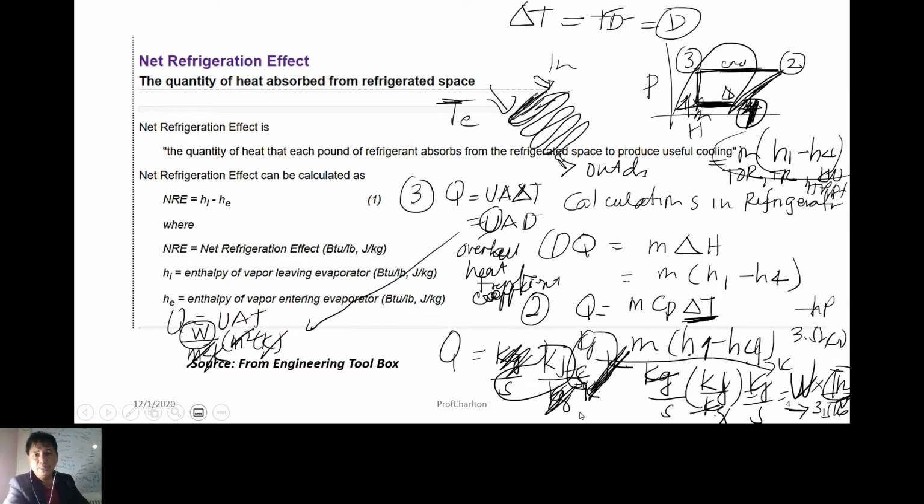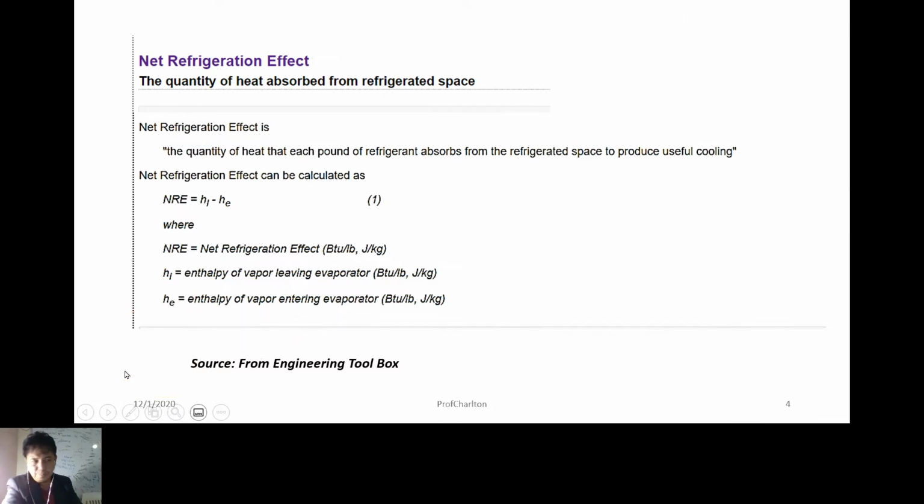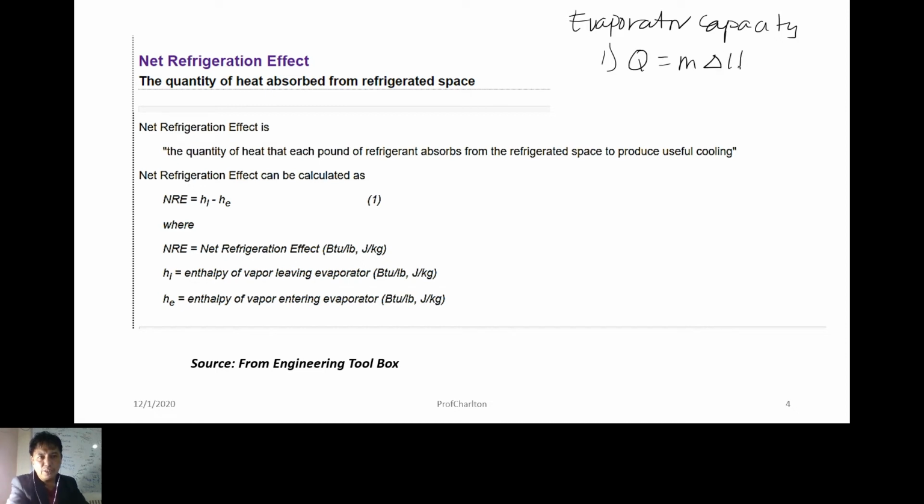Now, another thing that we are calculating in the evaporator is the so-called COP. No? So, COP. Let me erase this. So, let me put here the evaporator capacity. What is the formula? First is Q equals m delta H. Mass flow entering the evaporator and the change in enthalpy doon sa evaporator discharge and suction.